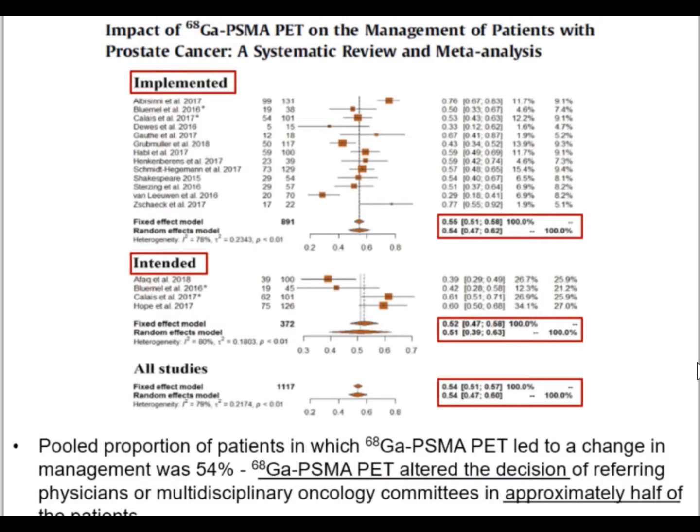So looking at this, the hazard ratios are about 0.5. What it meant was that PSMA actually led to a change in management in about 54% of cases, and basically altered the decision of the referring physician or multidisciplinary committee in about half the patients, right?